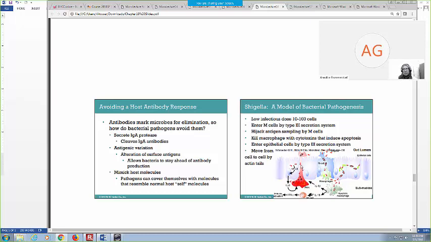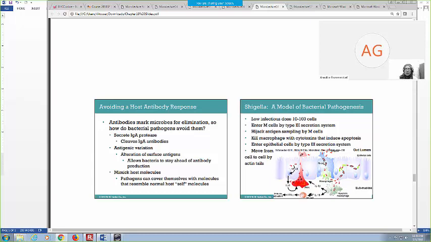But basically, what the Shigella do is they trick our non-phagocytic cells into taking them up. So for example, once they get into the lumen of the gut, which is here on the top of this image, they will attach to an M cell, for example, and use a type 3 secretion system to induce a change in the cytoskeleton that engulfs the bacteria and brings it into the cell.